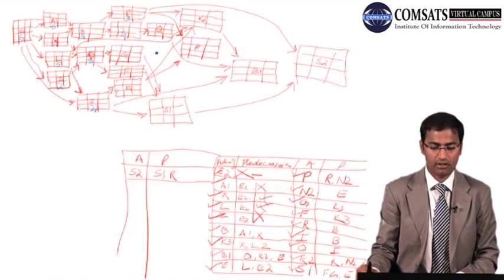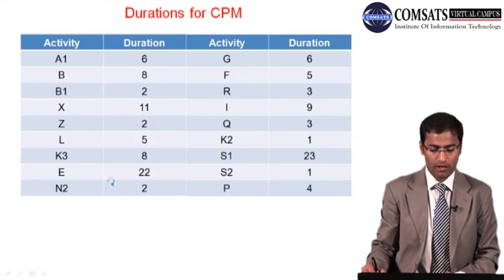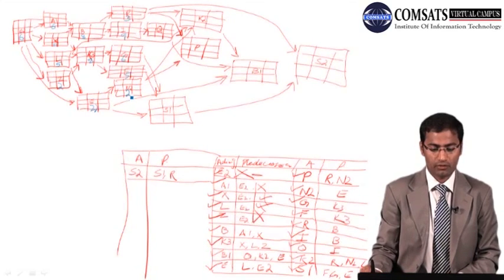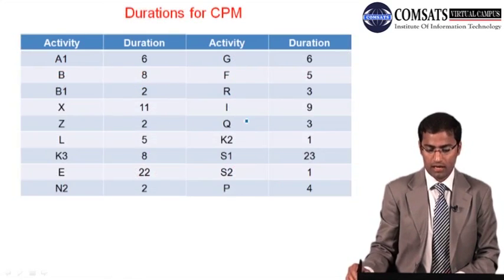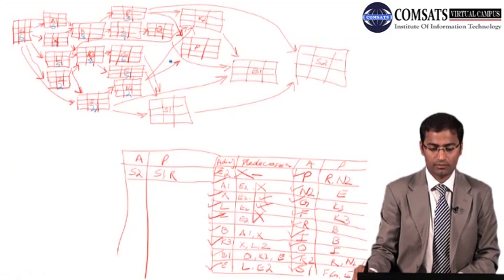Okay, 6 and 5, and then we have N2. N2 is 2, N2 has duration. Then Q and K2: Q is 3 and K2 is 1, so 3 and 1.